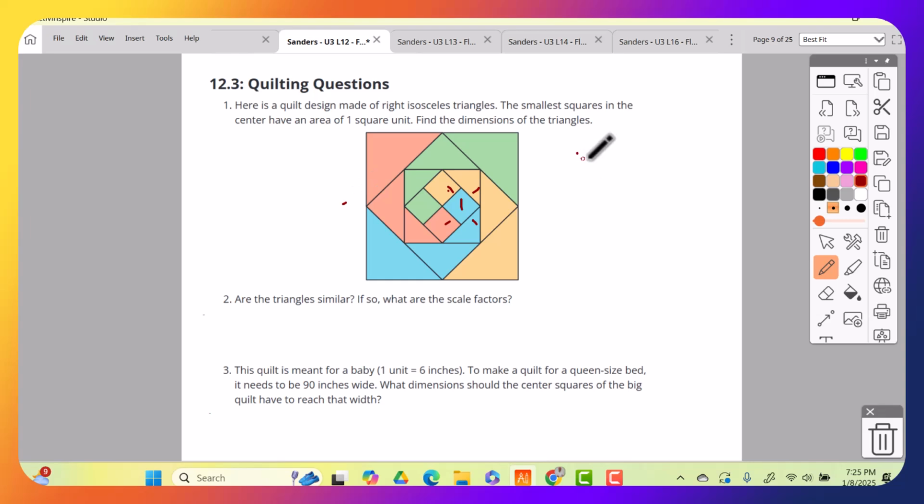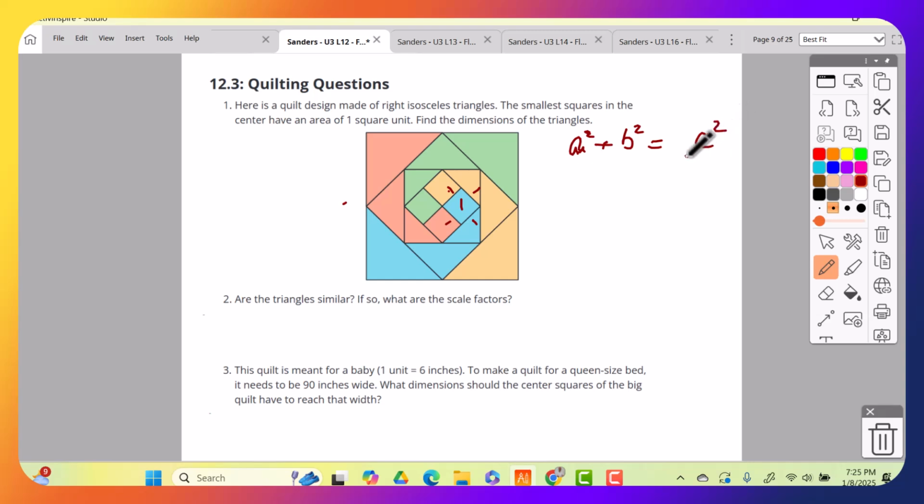We'll go over here. Again, this pen is being tricky. A squared plus B squared is equal to C squared.